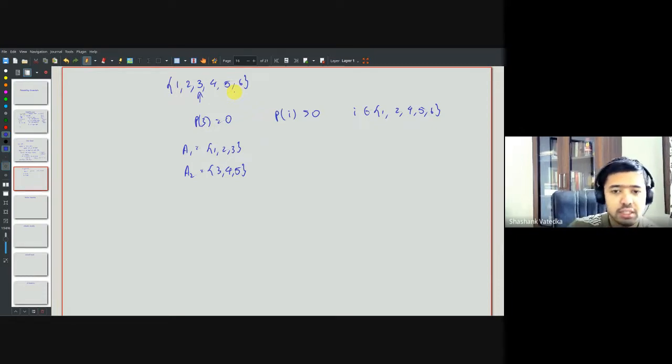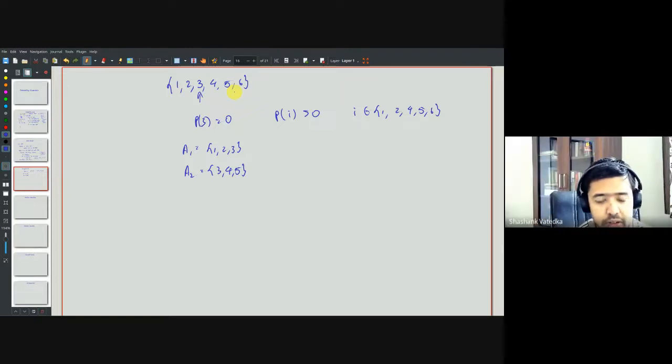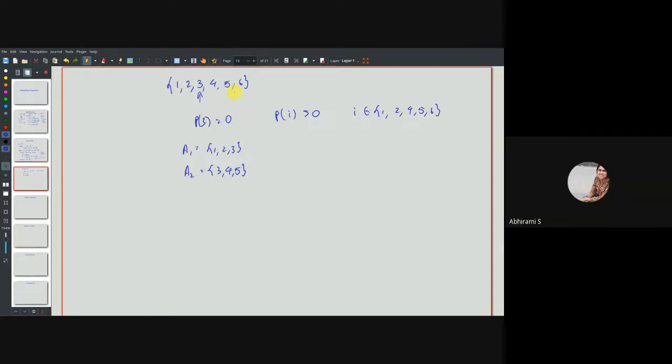I can assign 0 probability to some of these outcomes. They need not always be 1/6 or 1/5 or anything, right? Okay, they need not be equally likely. No, they need not be equally likely at all. So, sir, if we say the probability of occurrence of 3 is 0, then our sample space can be limited to 1, 2, 4, 5, 6 only.